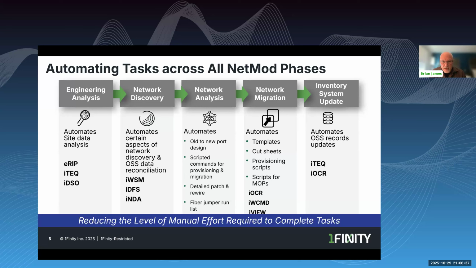The IOCR tool is another tool that our team uses that converts the written records and screenshots into usable data, so we can upload written records or screenshots, put them into this tool, and it will convert them into usable data that we can work provisioning our scripts or scripts for MOPs or creating our cut sheets and templates.